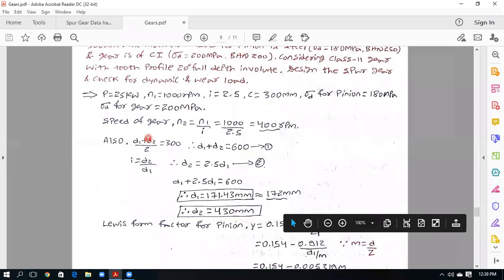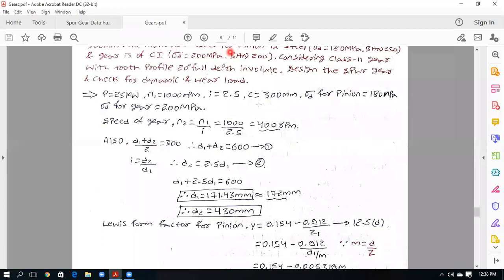As we know from the gear ratio formula, gear ratio I is equal to d2 by d1, or I is equal to n1 by n2.